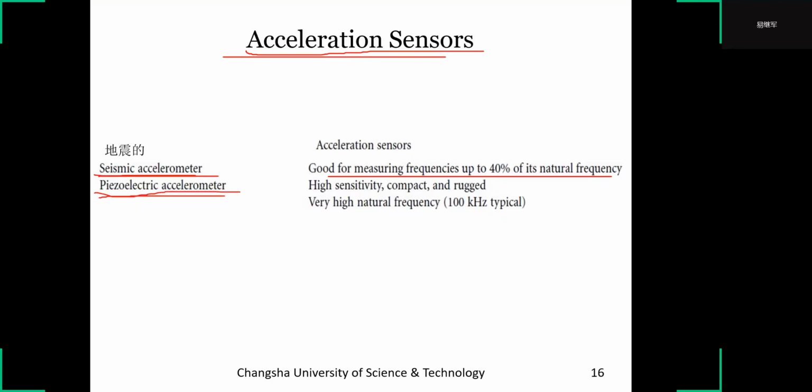The piezoelectric accelerometer is for high frequency, very high natural frequency, high sensitivity, compact and rugged. From here we know that if we want to use acceleration sensors for low frequency, use the seismic accelerometer; for high frequency, use piezoelectric.